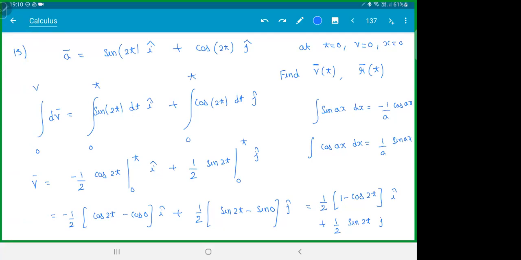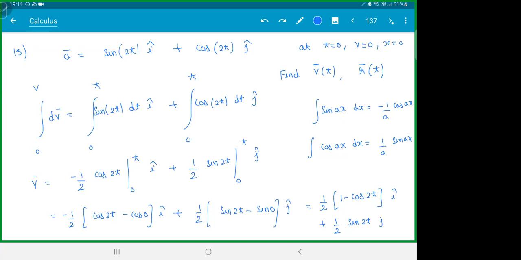Anyone confused here? Please ask. Please check.